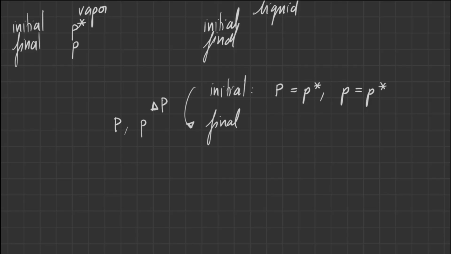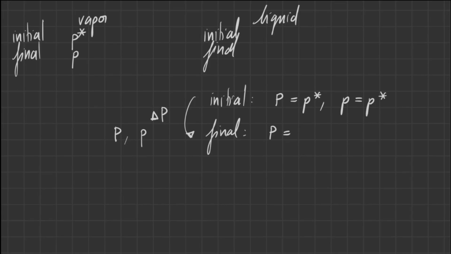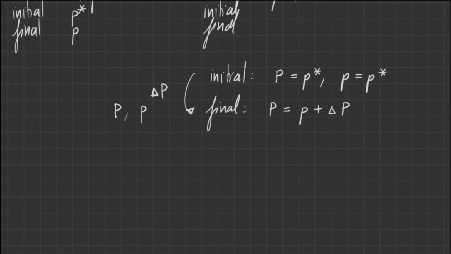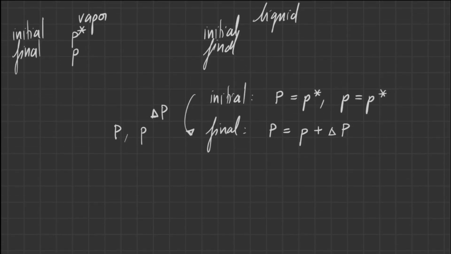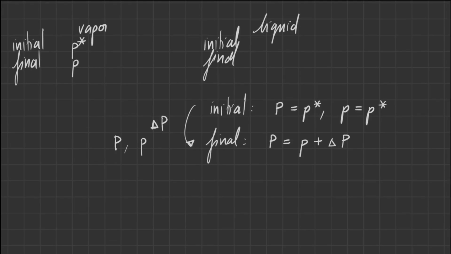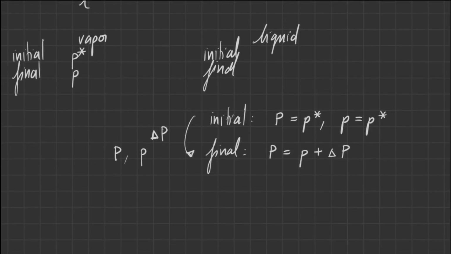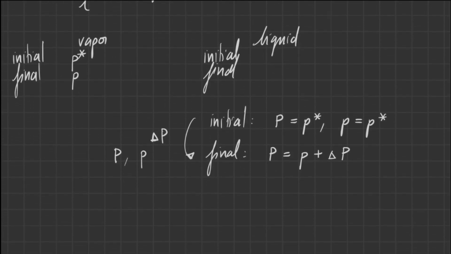So what we want to equate here is that this final P is equal to the initial P, the vapor pressure, plus this change in P, because we're at equilibrium. So these are sort of our limits.